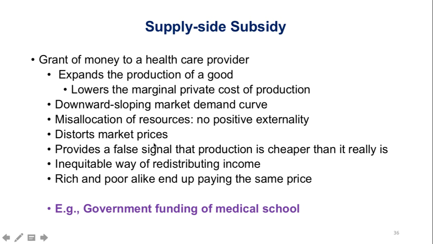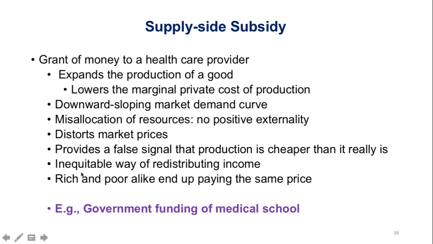Because we have a downward sloping demand curve, and remember that we have either an upward sloping supply curve or a constant cost of production, this creates a misallocation of resources. It gives a false signal to producers that production is cheaper than the real price.